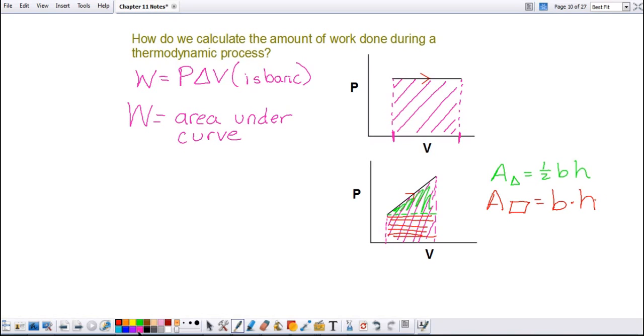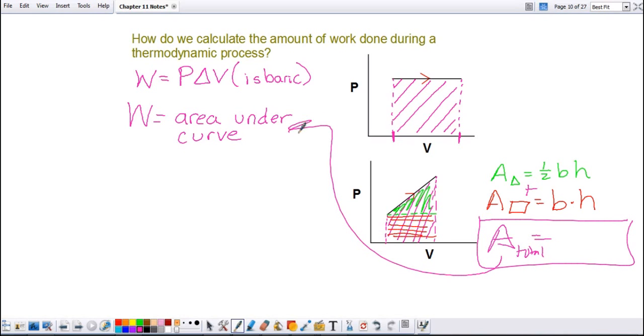After we find both of those, we add them together to get the whole area, and that area is going to be the work. If we want to measure work in joules, then we must make sure that we are using pascals for pressure and cubic meters for volume.